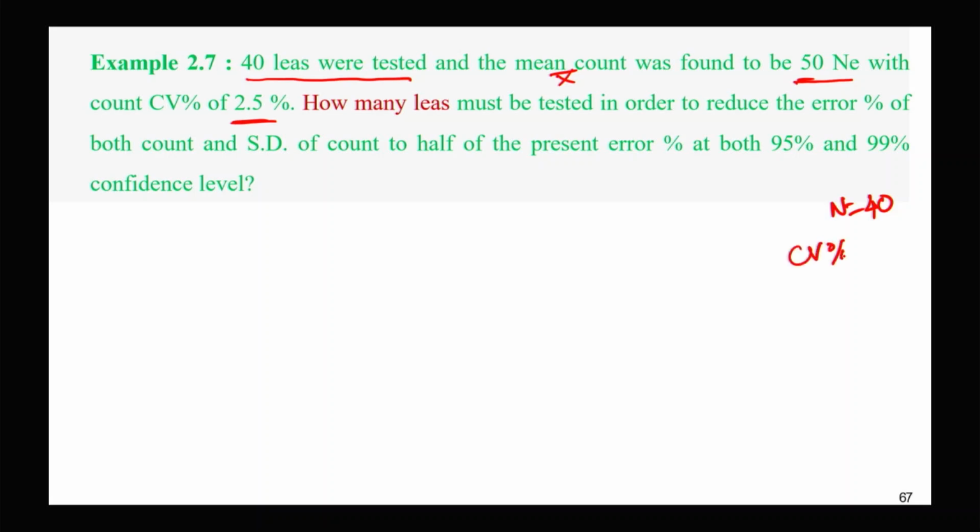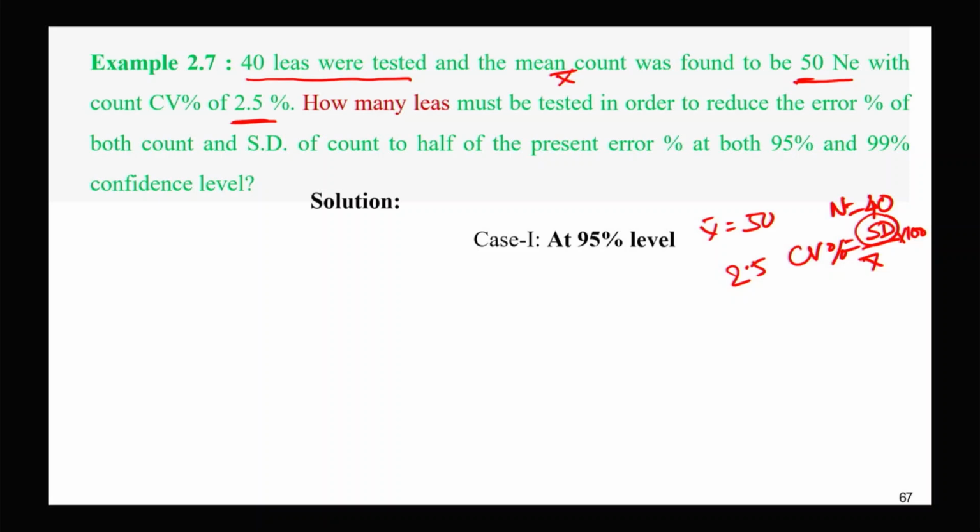CV percent is nothing but standard deviation by mean multiplied by 100. Okay. So here mean is given 50, CV percent is given 2.5. So we can calculate the standard deviation. So first thing is that we should calculate the standard deviation of the population. Okay.